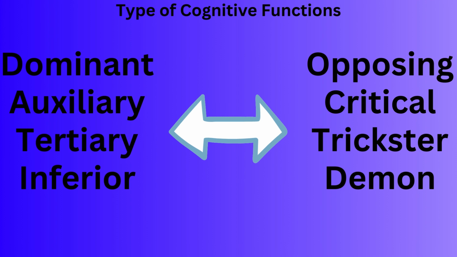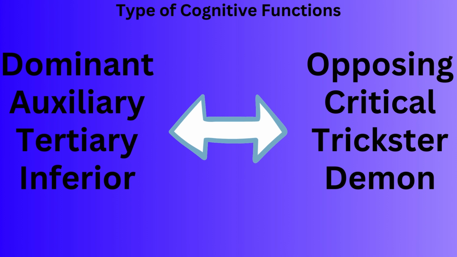On the right side, we have what is called our shadow. Each shadow function is the shadow version of the one directly across from it. So the shadow version of our dominant is our opposing function. It's kind of our nemesis, it tells us our doubts and paranoia, and it acts in the opposite direction.